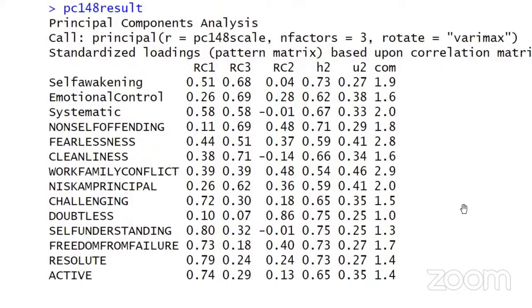And if you think about the unique variance, then again you will get the unique variance in the case of work family conflict, fearlessness. Another one is the Nishkam principle. So these are the variables under the uniqueness.